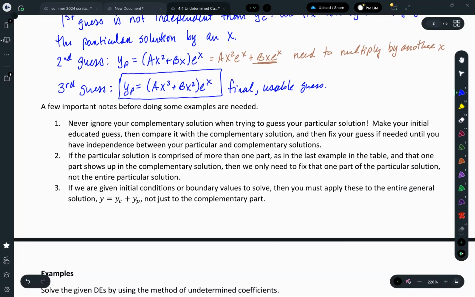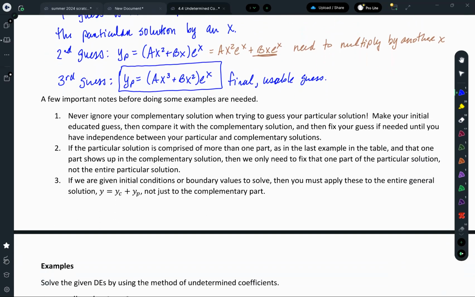A few important notes before doing some examples. First, never ignore your complementary solution when trying to guess your particular solution. Make your initial educated guess, and that's based on g of x, then compare it with the complementary solution, and then fix your guess if needed until you have independence between your particular and complementary solutions.